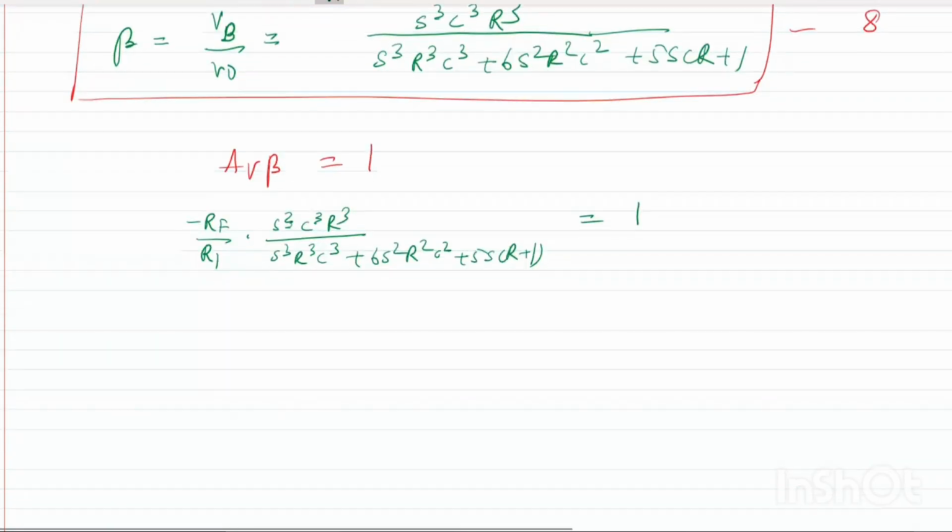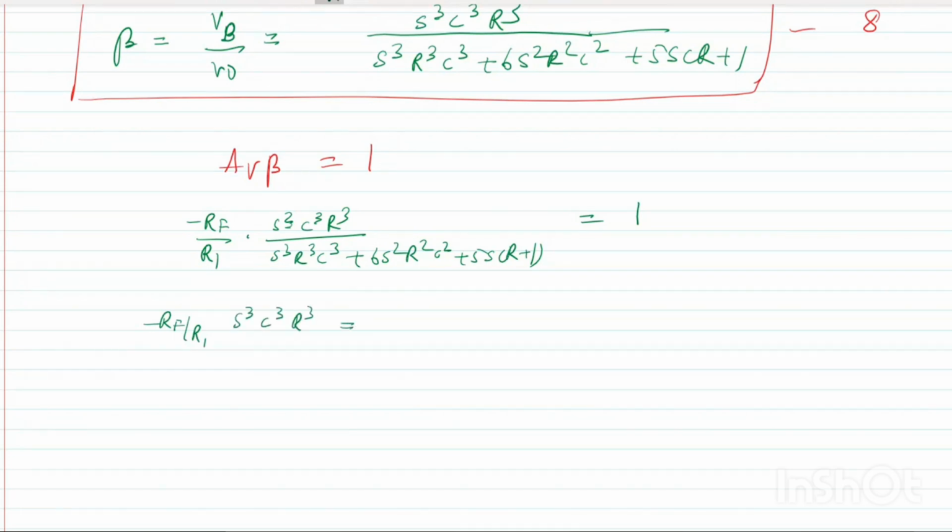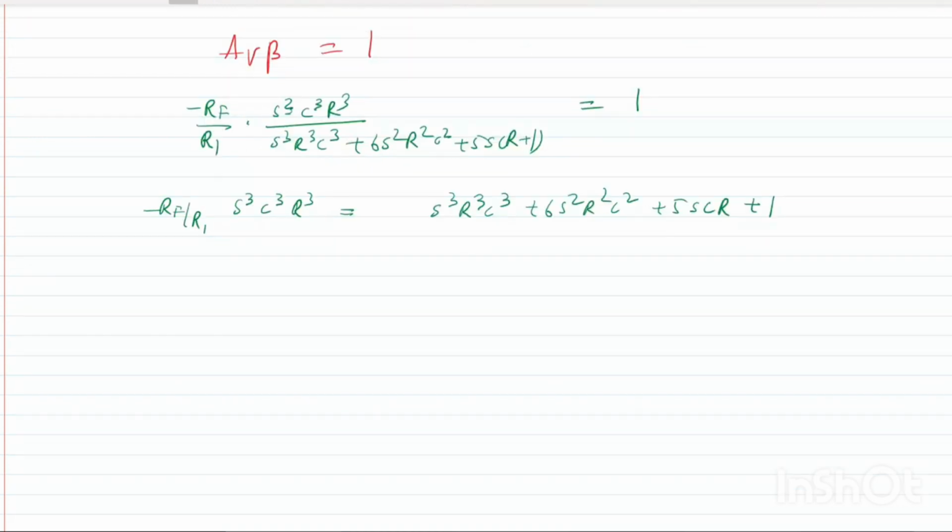Now when you are getting this condition, take left hand side as minus RF upon R1. अभी हमको frequency मैच करनी है, तो minus RF upon R1 S cube C cube R cube and denominator को वो साइड लिख के जाओ. What is that? S cube R cube C cube plus 6 S square R square C square plus 5 SCR. How to compare these two?